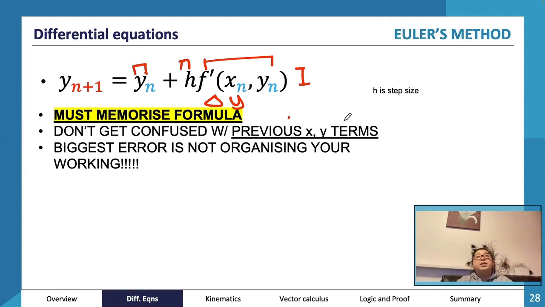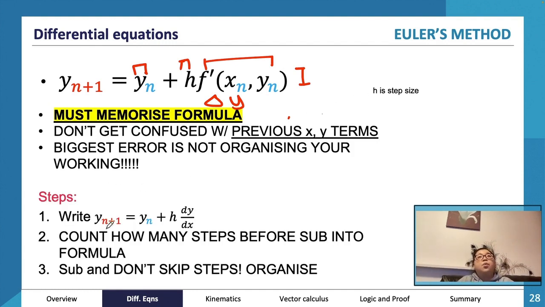So essentially the steps here are you write your y1 plus your yn, so that's the formula itself, and you want to count how many steps you want to do. They might say something like you want to get from 1 to 2 and your step size is going to be 0.5. So you're going to go 1.5 and then 2.